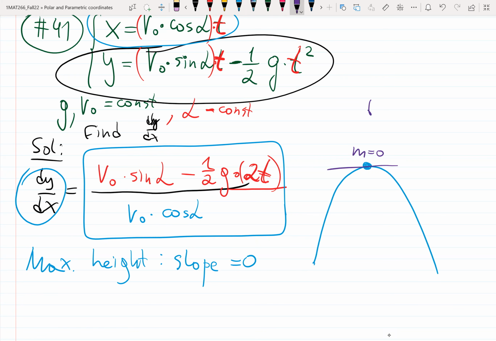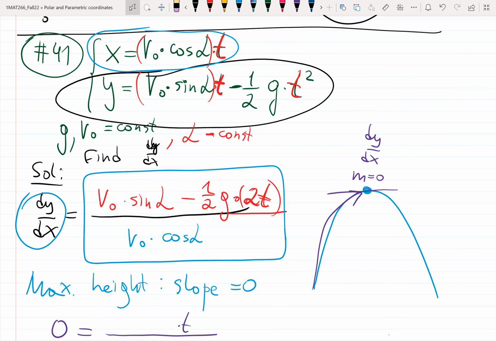But slope is the derivative, dy over dx, so that's why we found it. So you say 0 equals the expression in terms of t, solve for t with the given numbers, and t gives you the time. Apparently it's 10.2 seconds. At 10.2 seconds, the object reached its maximum height. That's number 41.